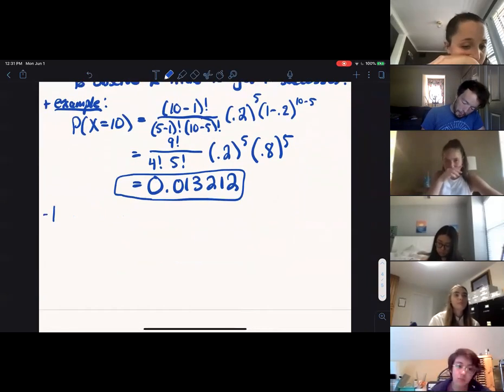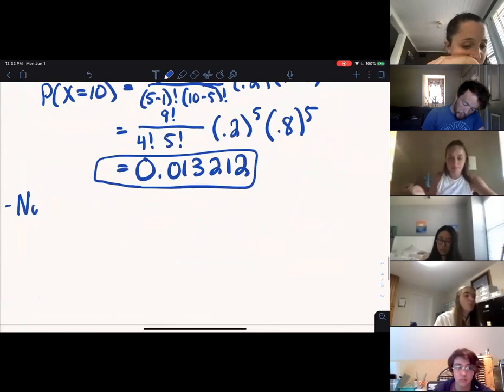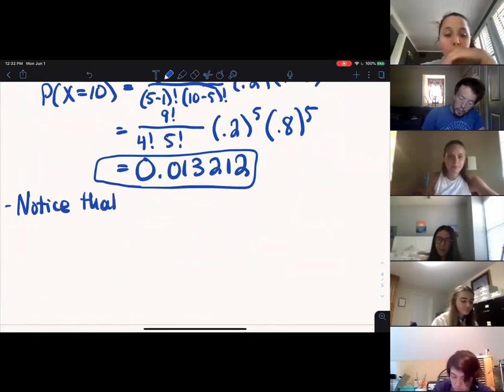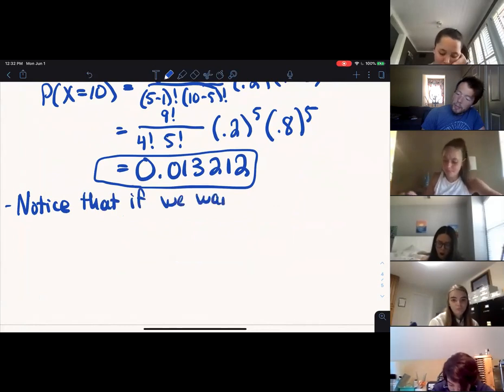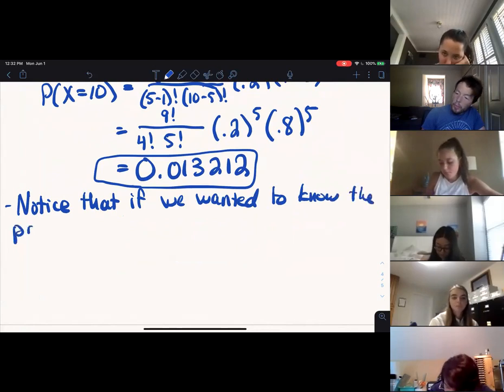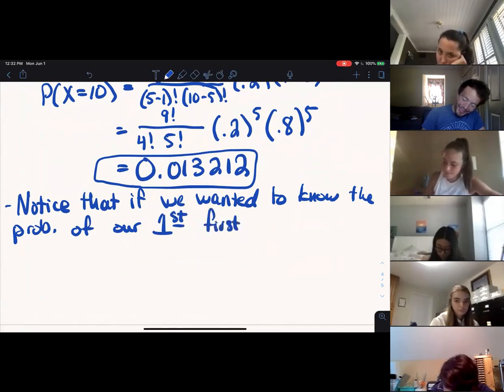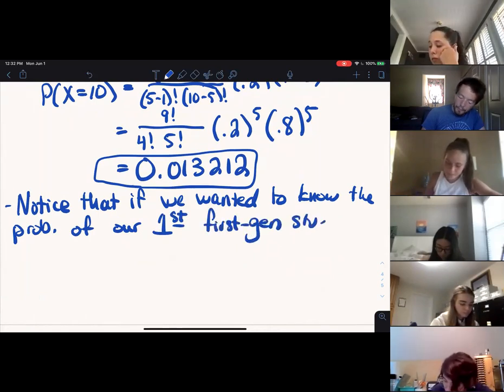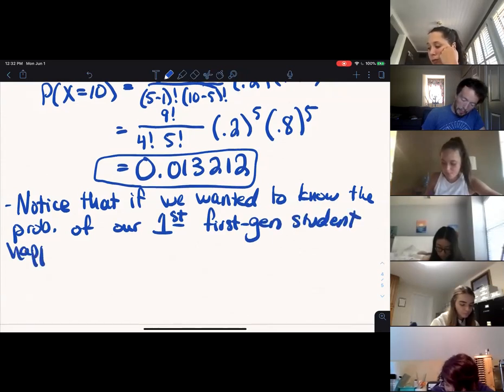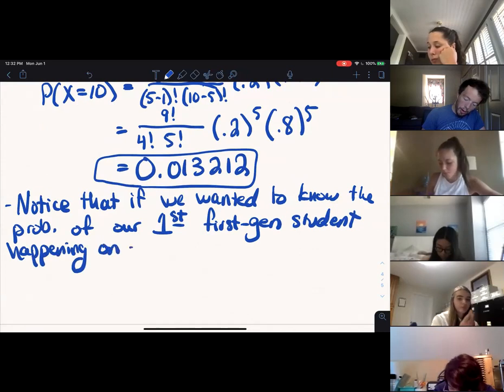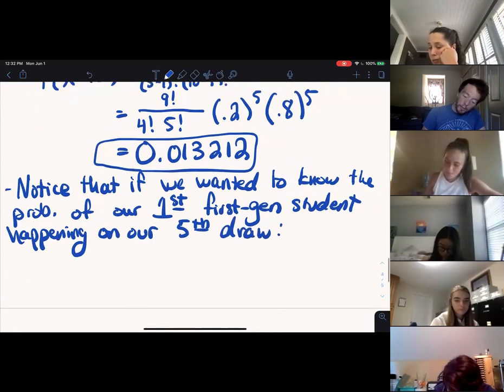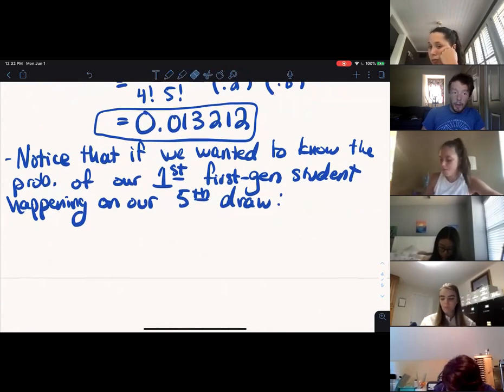And that is, notice that if we wanted to know the probability of our first, it's confusing, I apologize, first gen student happening on our 5th draw, well, we could use a negative binomial to answer this question, right?